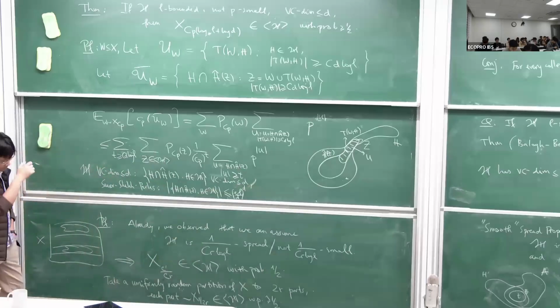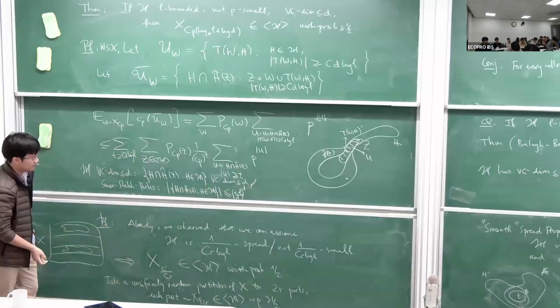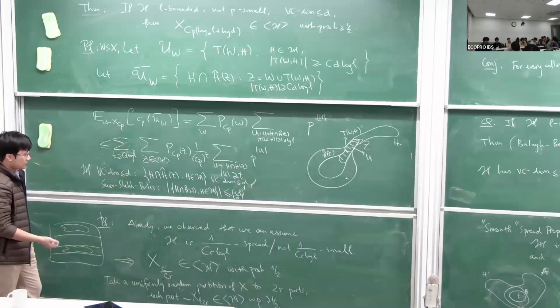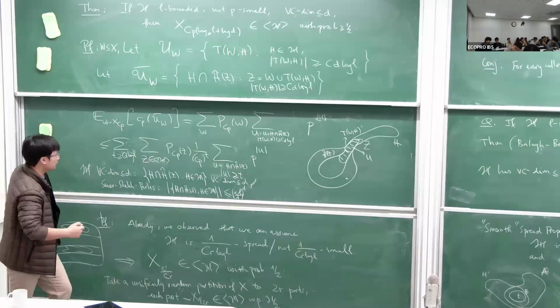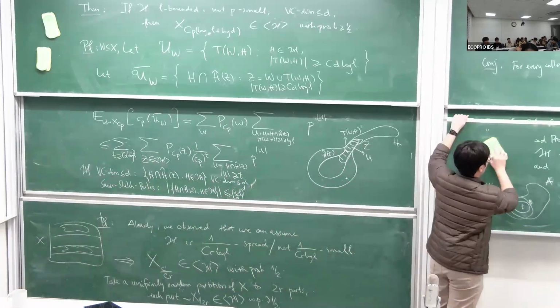So the standard result for a set system with bounded VC dimension. And here L is just coming from the size of the set H hat Z. Okay, so that is quite good input.